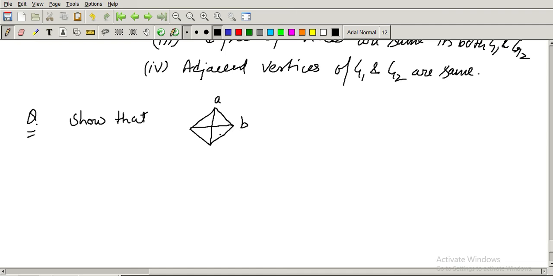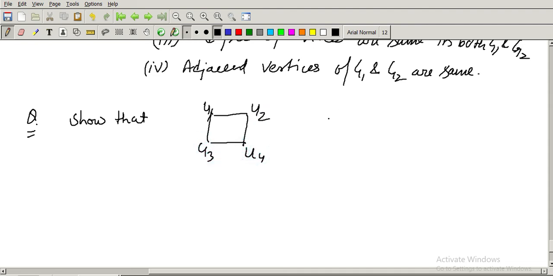One second. Let me take another example, because let's take another very simple example. This is the example. We have u1, u2, u3, u4.